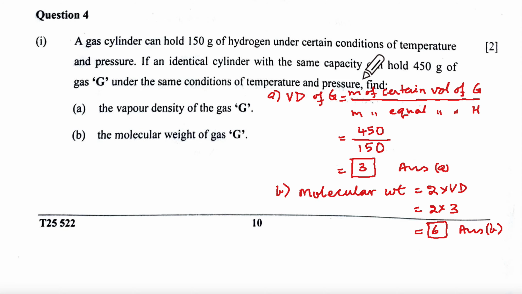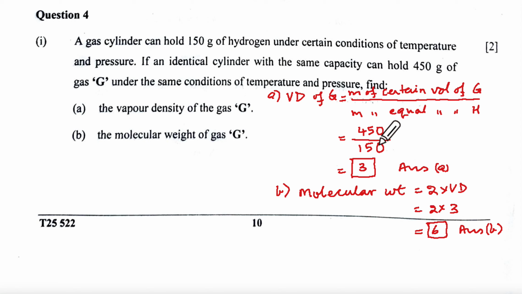Our question A, vapor density of G. The formula for vapor density is mass of certain volume of G upon mass of equal volume of H. Now when it was filled with G, the volume was the same as the volume of H, and the mass of G was 450 gram, and the mass of hydrogen was 150 gram.